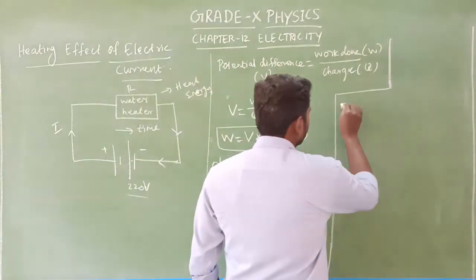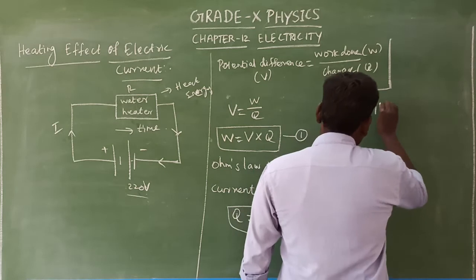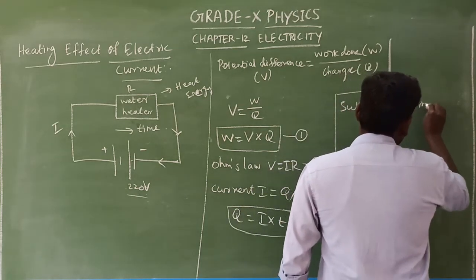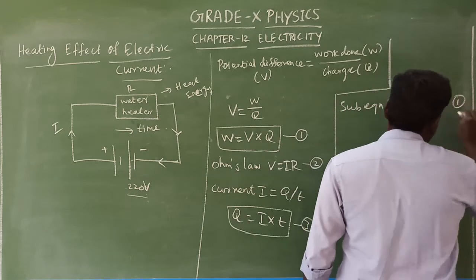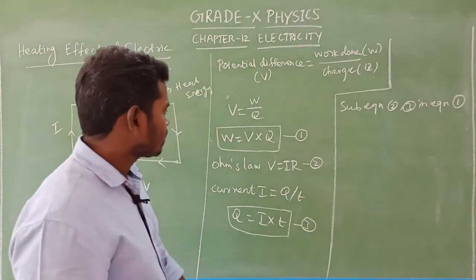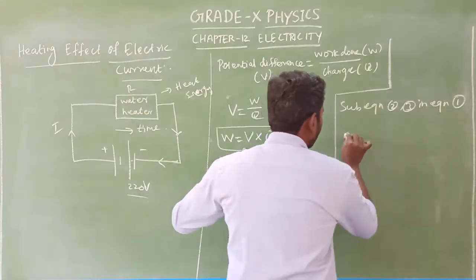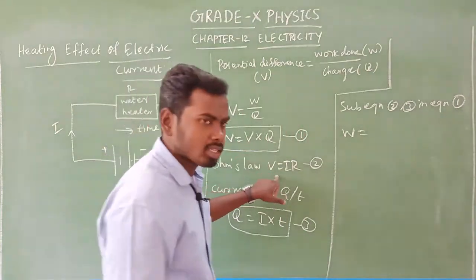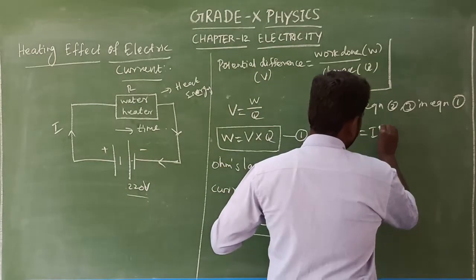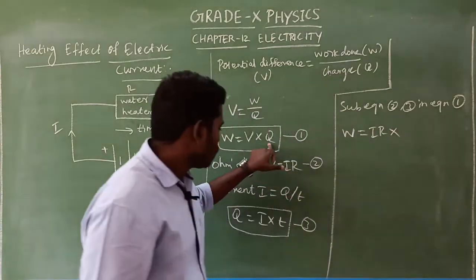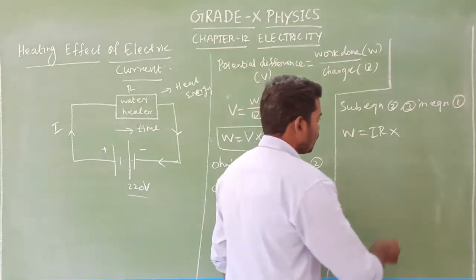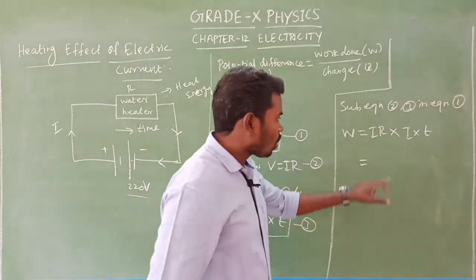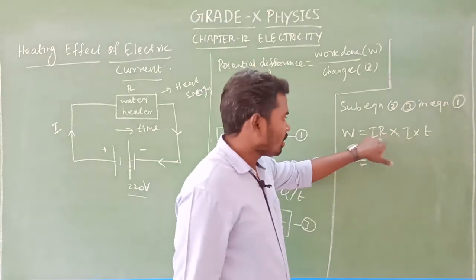Substitute equations 2 and 3 in equation 1. This is equation 1. So W, the work done, equals the V value, IR, into the Q value, I into T. So I is here, R is here, T is here.